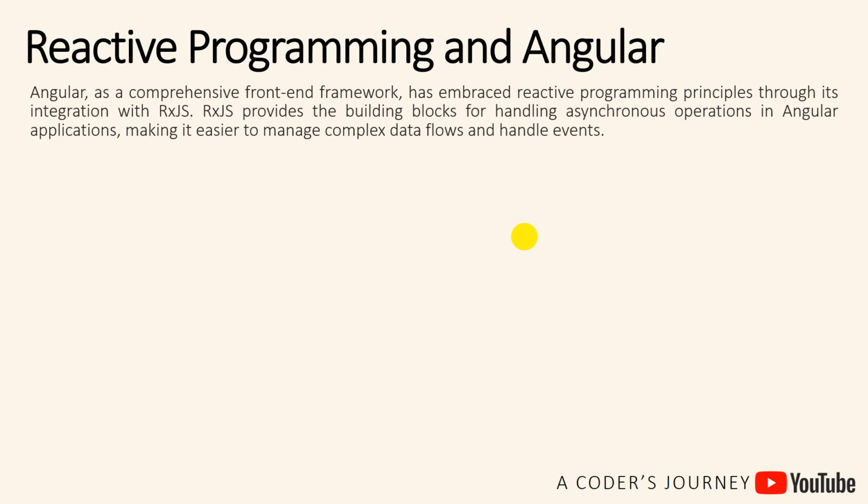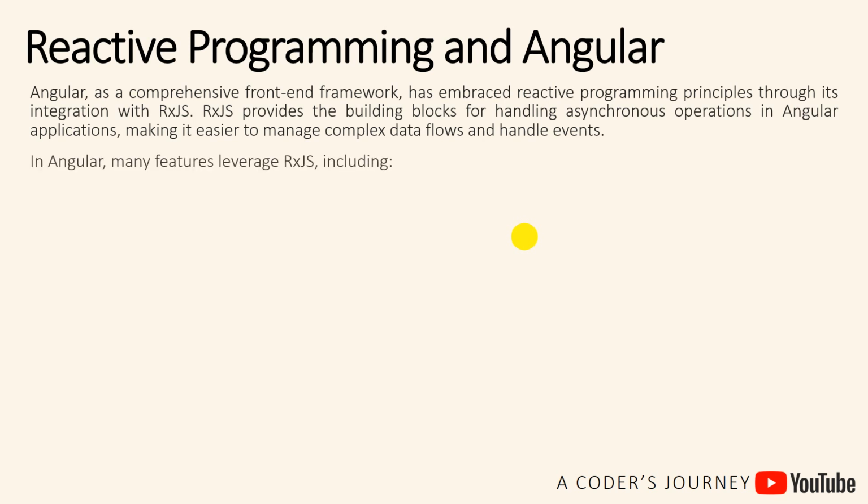So you are not working with one single piece of data, you are working with a data stream, right? So that data stream can contain only one element, it can contain multiple elements, but the fact is that these elements are emitted over time, right? So you are working with a data stream, an asynchronous data stream, right? So you can handle events and complex data flows using RxJS in Angular.